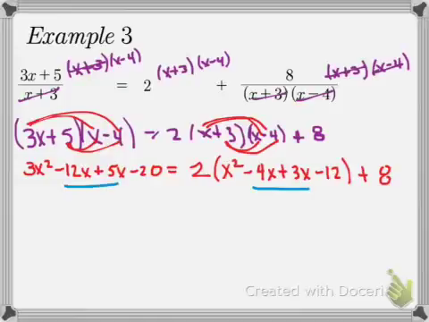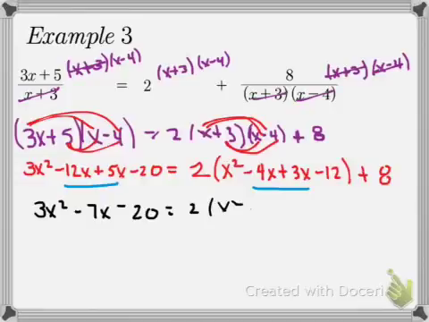I see that I have some like terms that I can add together, so I'm going to add my like terms. This is going to give me 3x squared minus 7x minus 20 equals 2 times x squared minus x minus 12 and then plus 8.